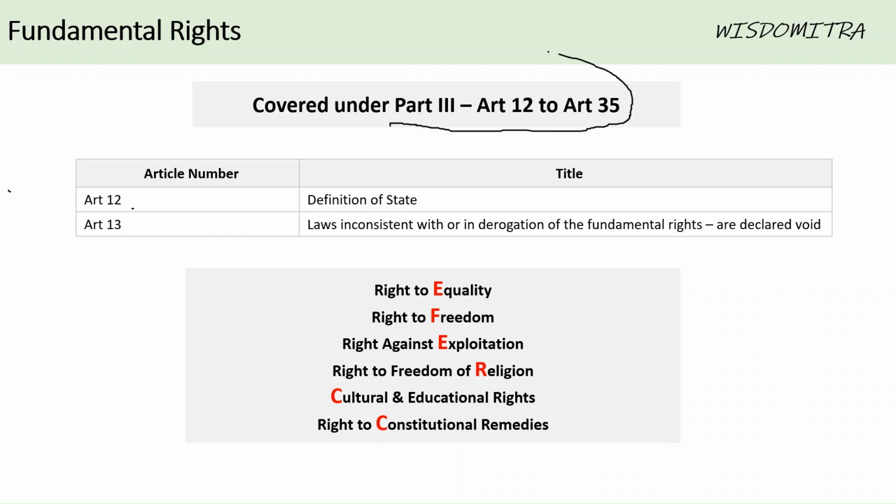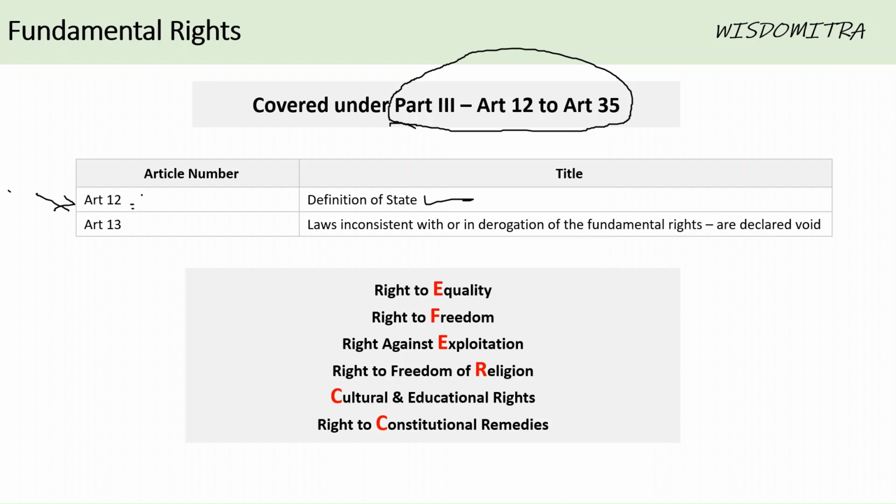This is something really important, and the first thing that you're supposed to know about the Constitution, to be frank. And in that, what is most important is Article 12, which is the definition of state.